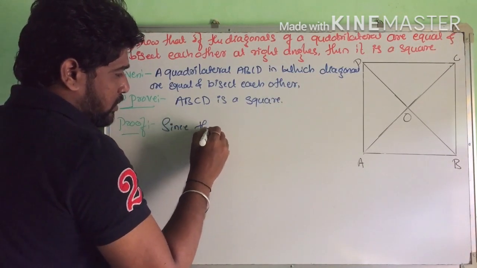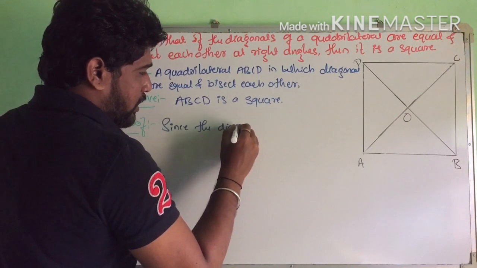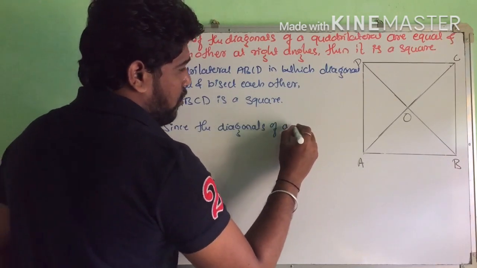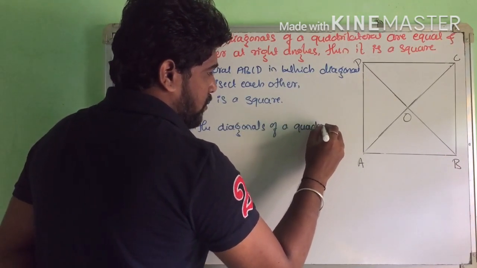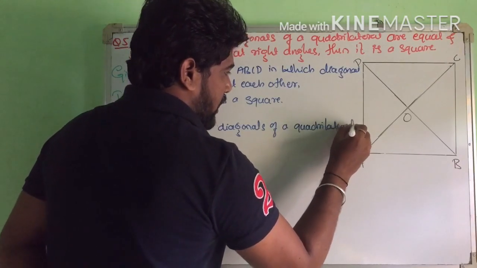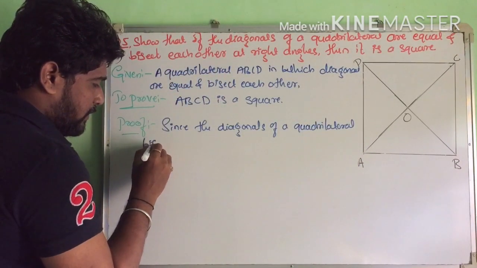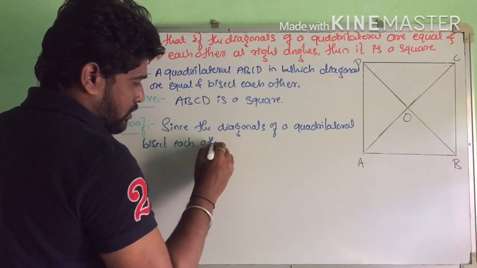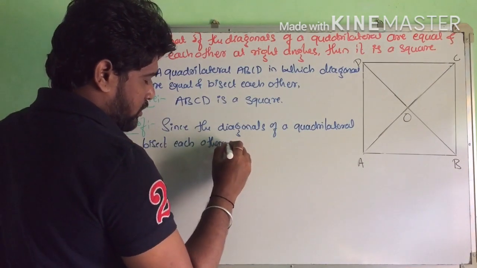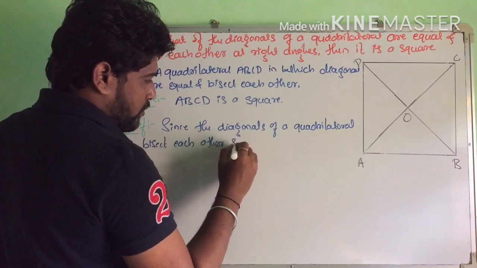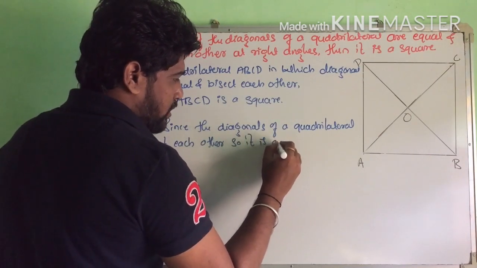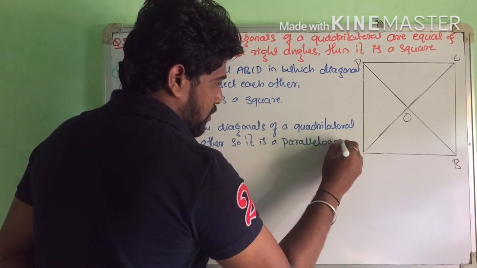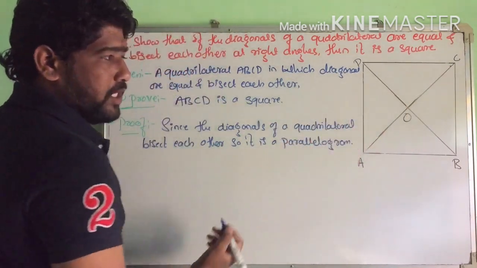Since the diagonals of a quadrilateral bisect each other, so it is a parallelogram.